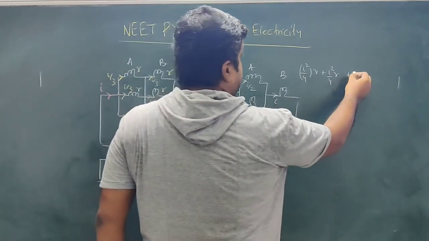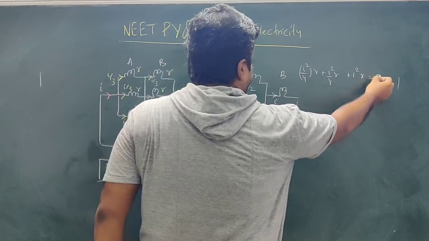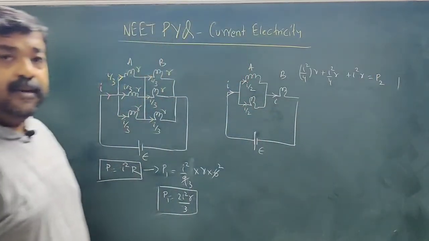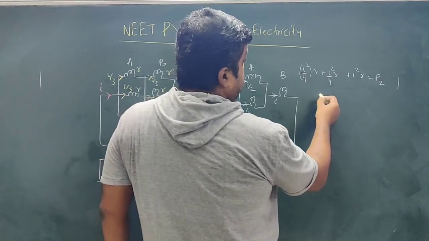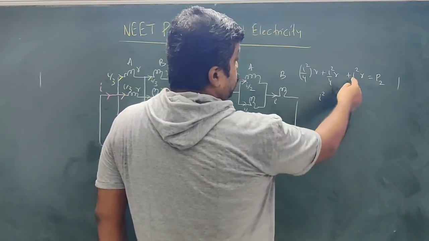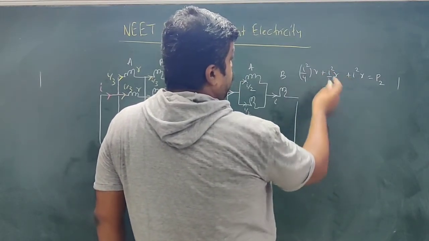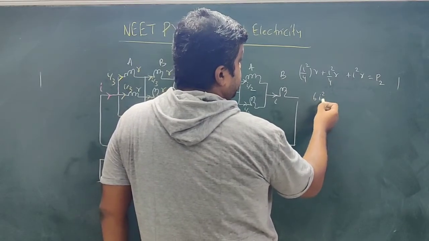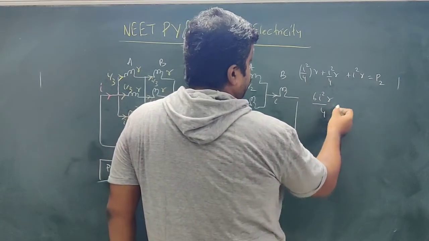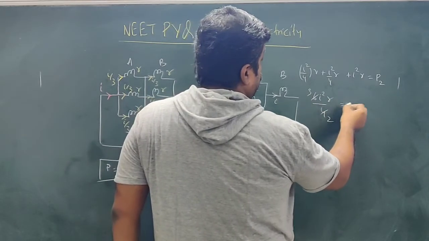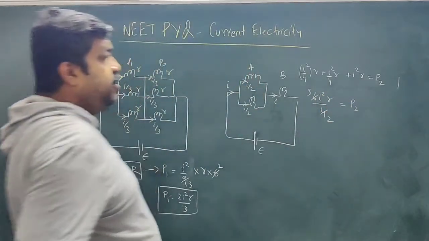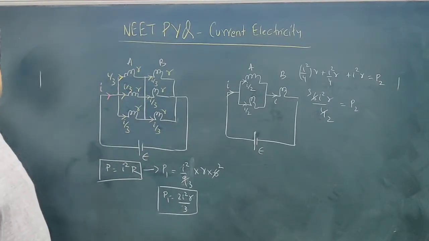This is I square R by 4 times 4 plus 1 plus 1, so that is 6 I square R by 4, that is 3 by 2. So P2 equals 3 I square R by 2.